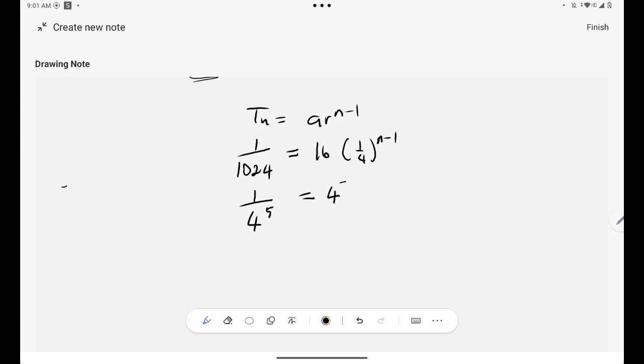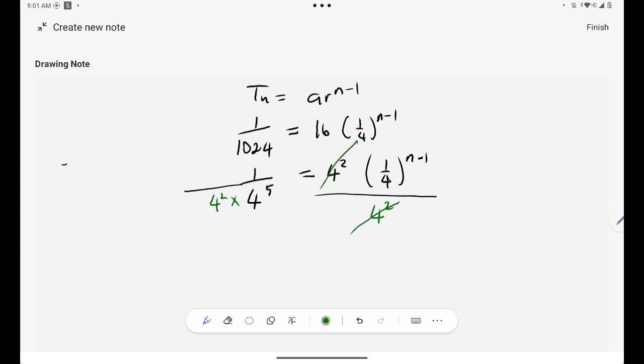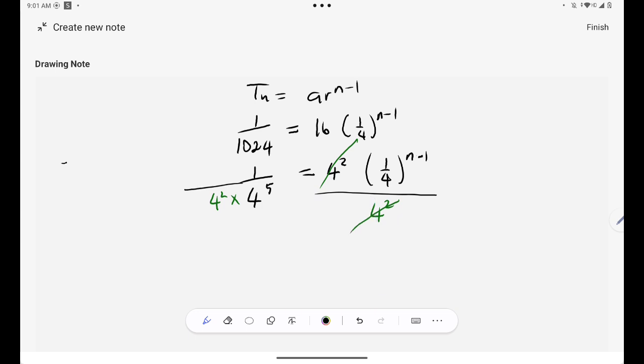This thing is 4 squared. Here I have 1 over 4 to the n minus 1. So I want to remove 4 squared. That means I must divide both sides by 4 squared. This will cancel this, and then on the left hand side I'll be left with 1 over, I'm multiplying bases that are the same, so I must just add the exponents.